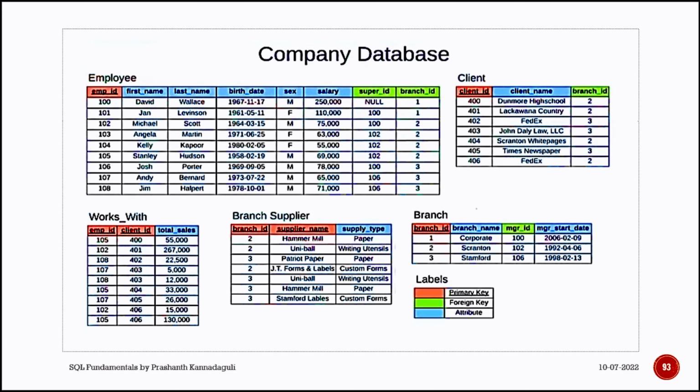So just look here: employee ID and client ID and total sales. In the sense, that particular employee ID 105 made a sale of 55,000 to a client, in the sense client invested that much amount. So from where do you identify that? I should have an idea about where I get the data corresponding to the question. So in this case, that's where I try to find the answer.